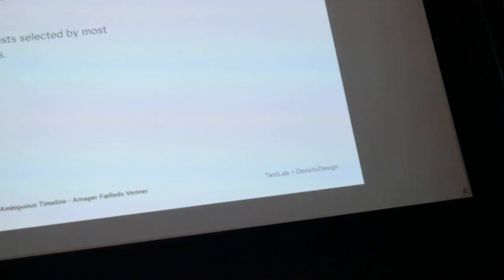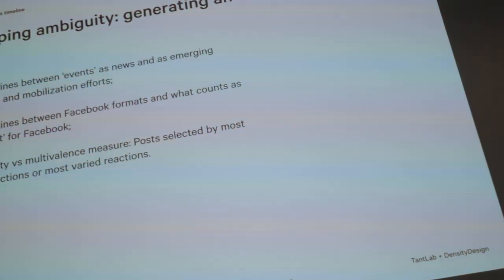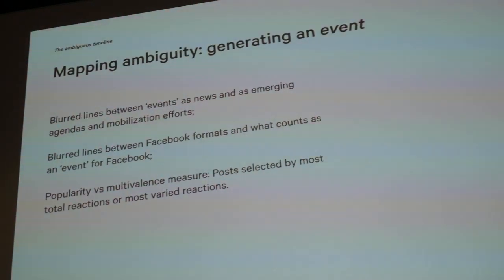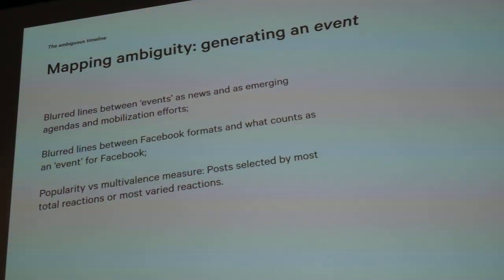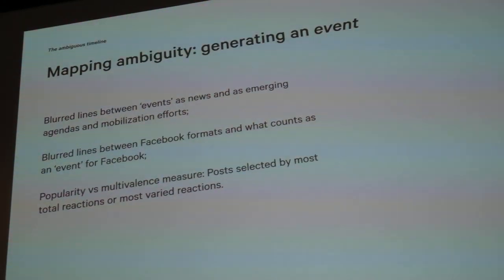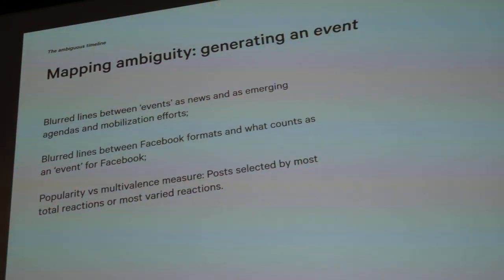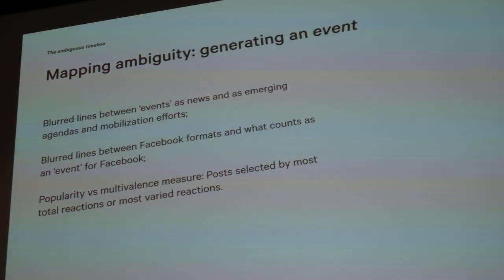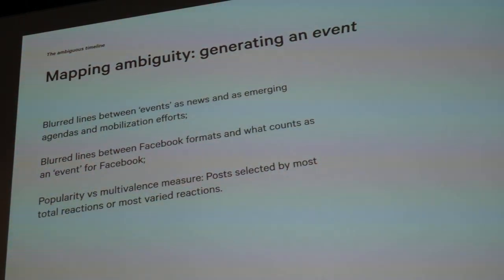And finally, the way we scoped down, as you explained, Beatrice, we moved from a large number of posts to a very small number of posts by using ambiguous measures. We take into account a popularity measure, where you could simply select posts based on which ones have been most successful in terms of sparking reactions.